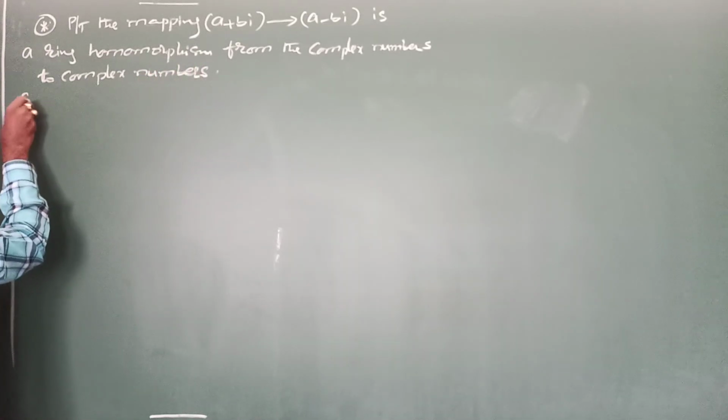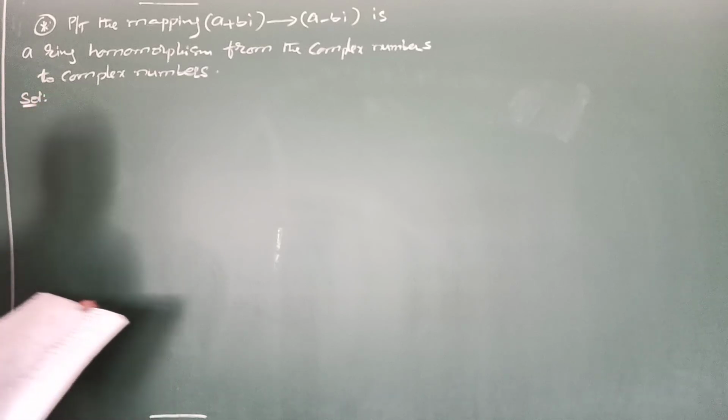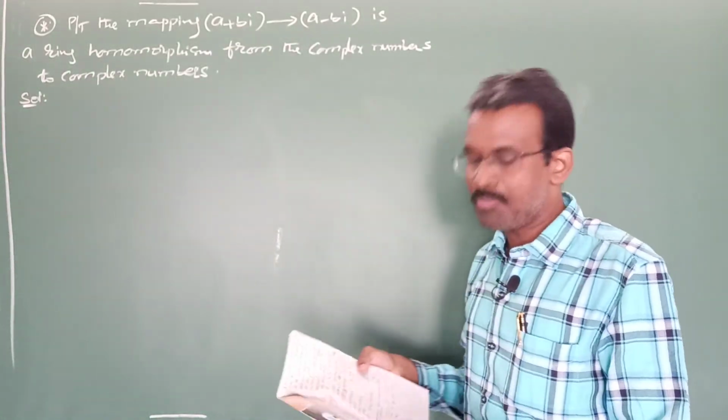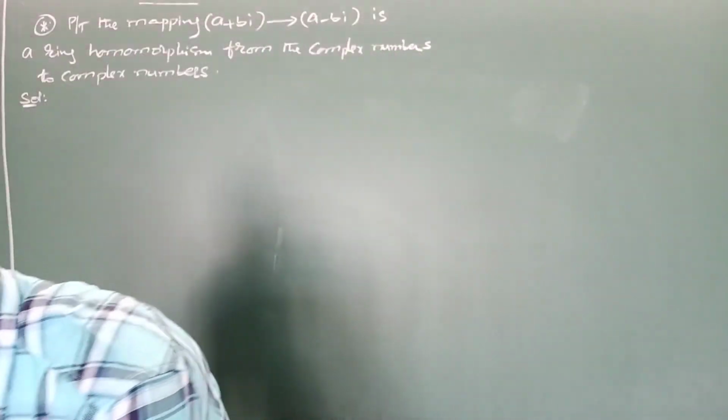The mapping a plus bi to a minus bi is a ring homomorphism from the complex numbers to complex numbers, right?